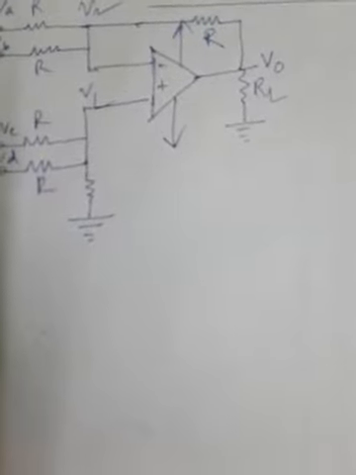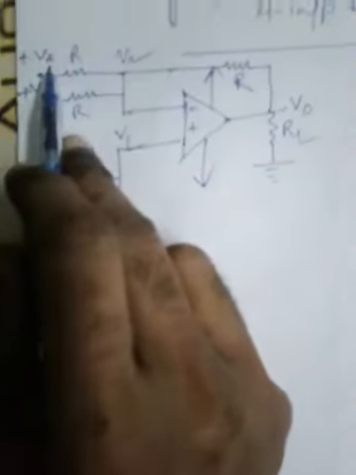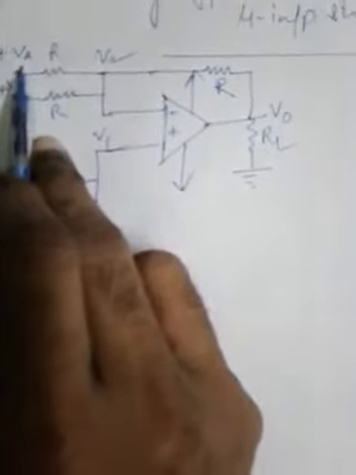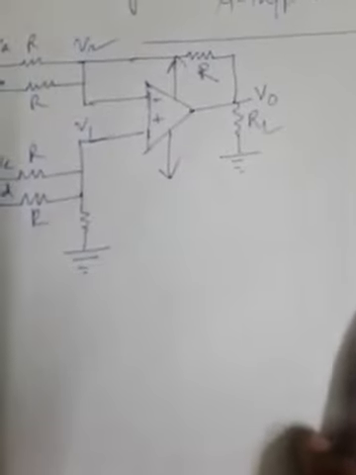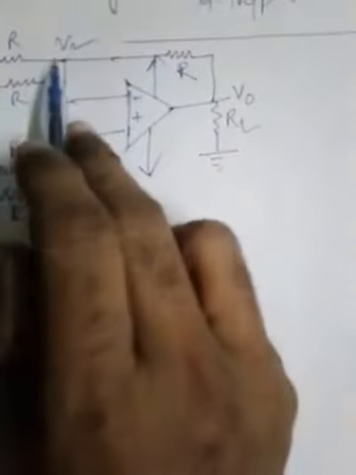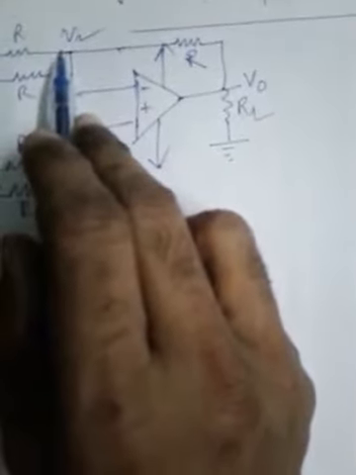Because VA is working alone and VB, VC, VD are 0, we are applying input to the inverting terminal and the op amp is acting as an inverting amplifier, and for an inverting amplifier we know that V2 is at virtual ground. So V2 is equal to 0 when VA is acting alone.